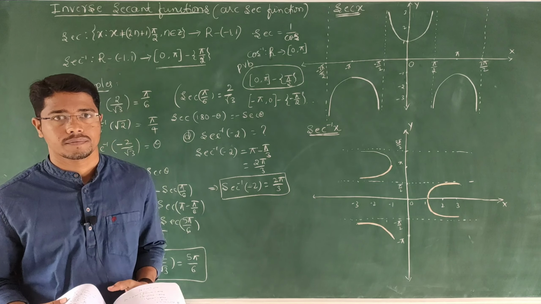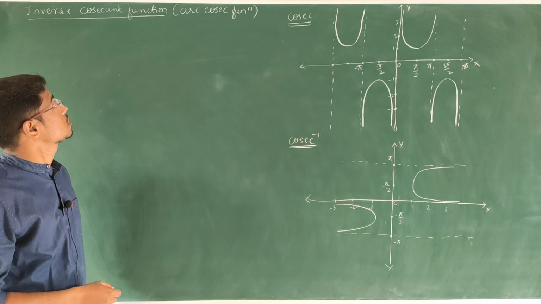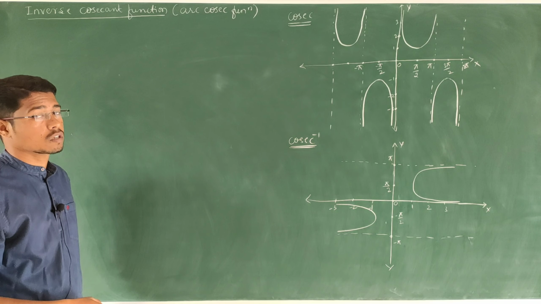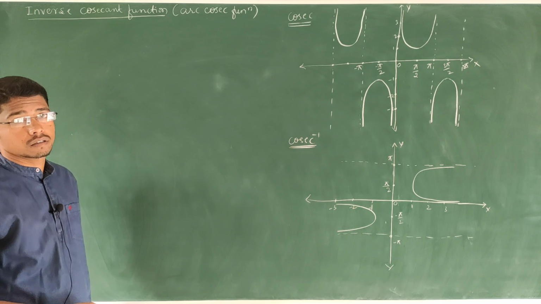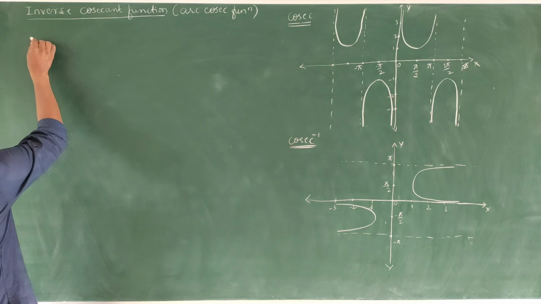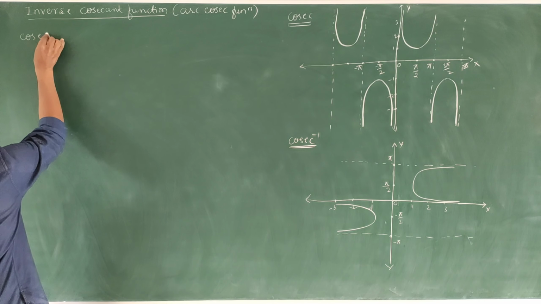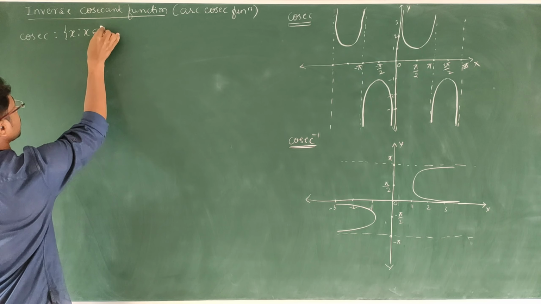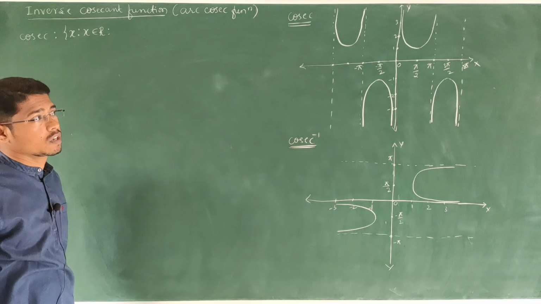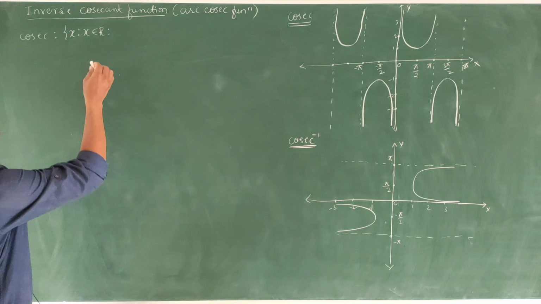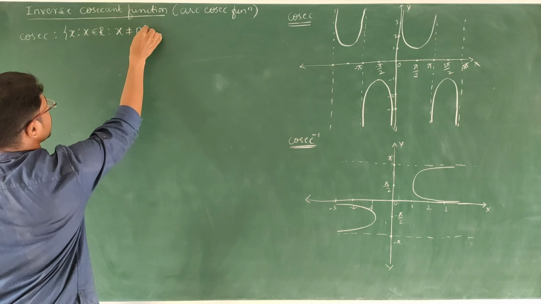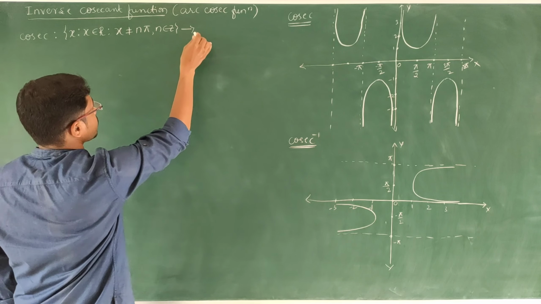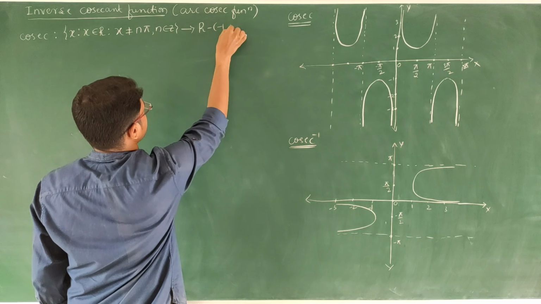Okay, right. Next function is the inverse cosecant function, that is cosec inverse function, or else we may call it arc cosec x. Okay, first let us see about cosec. So cosec is a function such that x belongs to R, x is not equal to n pi, n belongs to Z, and the range is R minus of minus 1 to 1.